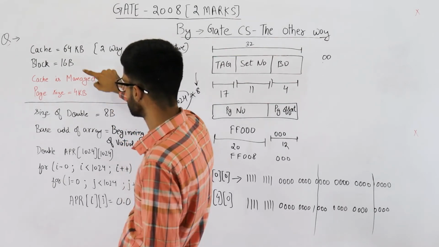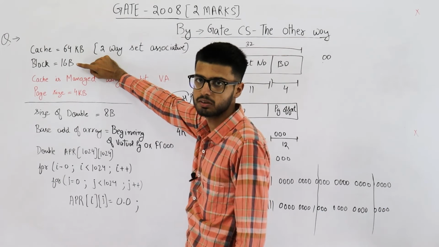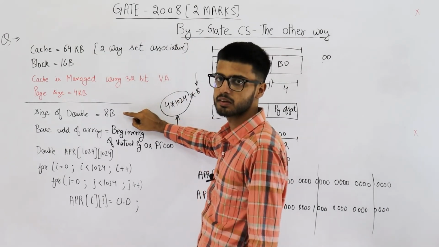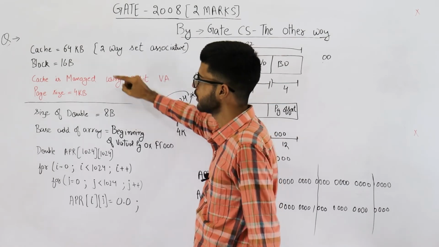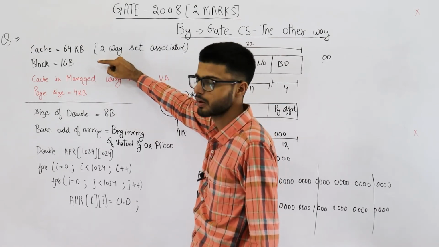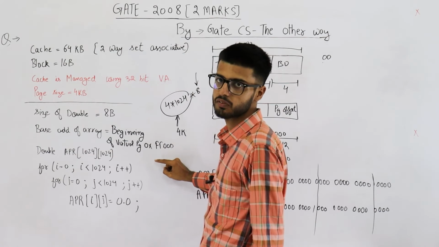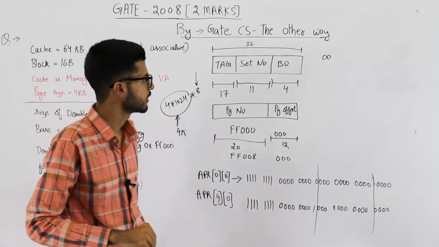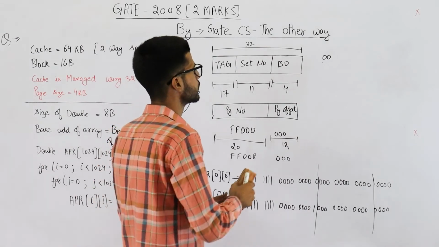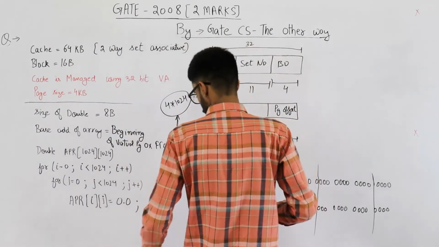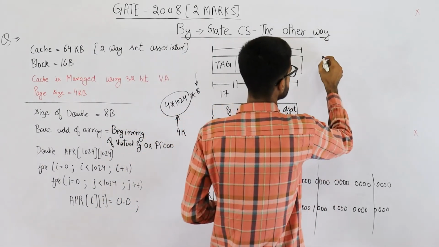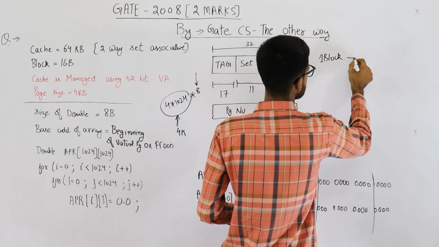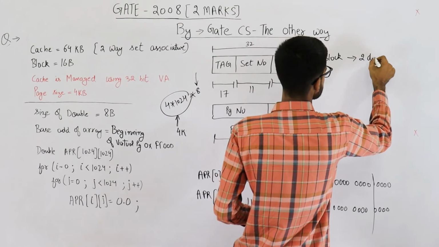Okay, that means in one block, you are trying to place 2 doubles, or this can be rephrased as, in one block, you are trying to place 2 elements of the array. Okay, so let me just write it down here. One block will contain 2 doubles.